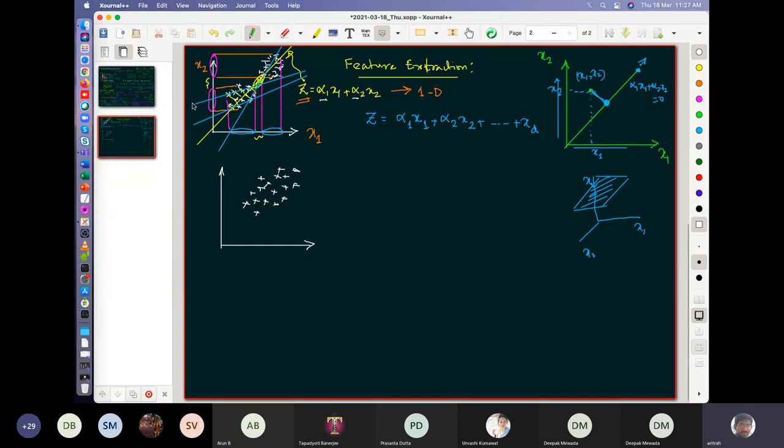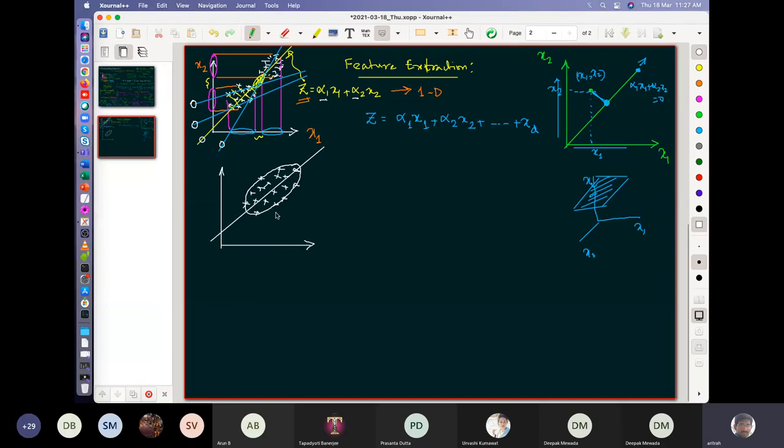Now the second question, as I told you, is whether I choose this line or this line or this line. For that, you can easily see that it depends on the data cluster it forms. If I have to choose one dimension, I will try to choose a line in the principal axis direction of it.